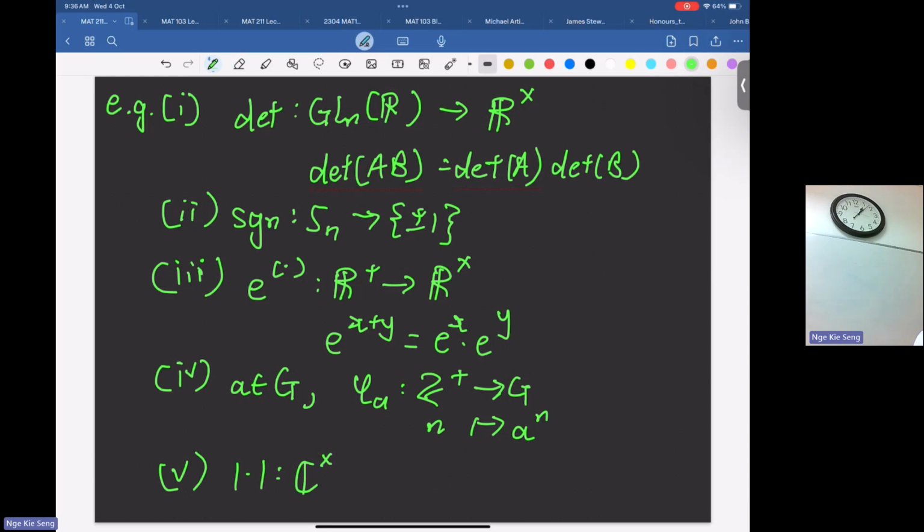Another one you are also very familiar with. If you take the modulus of a complex number, you get a real number. This is also multiplicative.